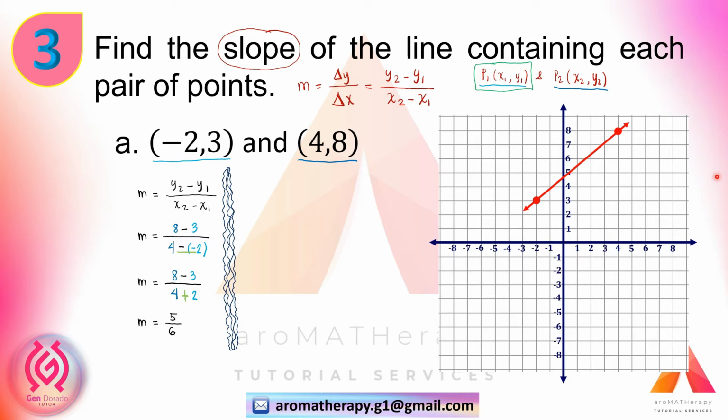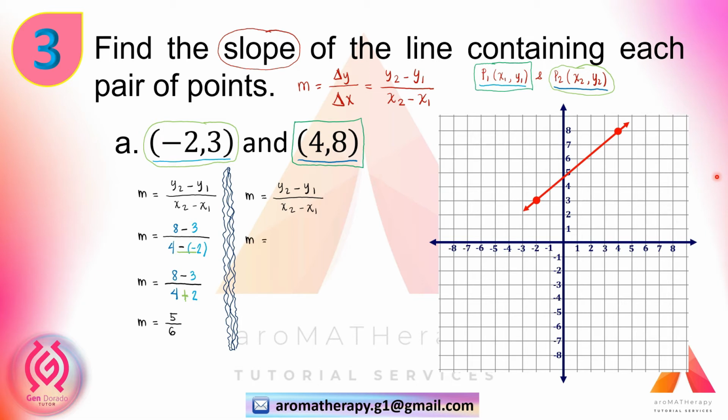Our P sub 1 will now be equal to 4, 8. And P sub 2 will now become negative 2, 3. So here we have M is equal to, copy lang ang formula, y sub 2 minus y sub 1 over x sub 2 minus x sub 1. Again ha, nag-interchange na tayo ng values ng point natin.